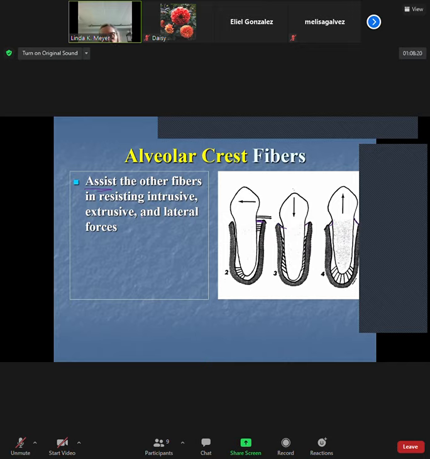And I just want to point out that when there's early bone loss, let's just say if there's loss of bone right here, that crestal bone, that alveolar crestal bone is lost, and the attachment of those fibers is lost, your tooth is not going to be loose. Or the patient's tooth is not going to be loose.